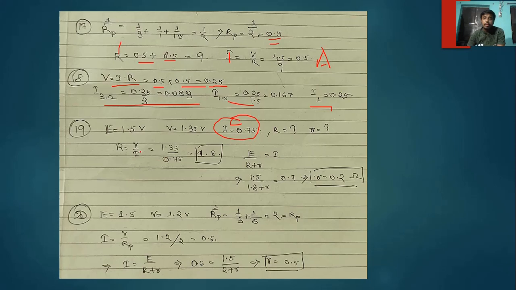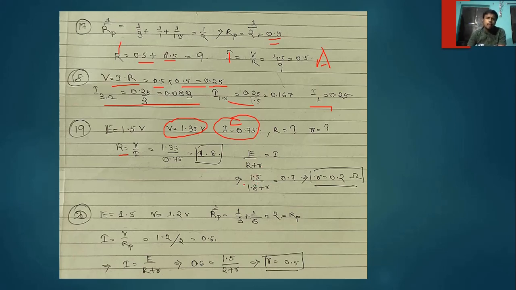But first we have to find the external resistance. For external resistance we use the potential difference recorded. So R is equal to the potential difference recorded divided by the current, 1.35 by 0.75, which comes to 1.8. So we got the external resistance R. Now we put in the formula I is equal to E by R plus r, where I is current, E is EMF, R is external resistance, r is internal resistance.